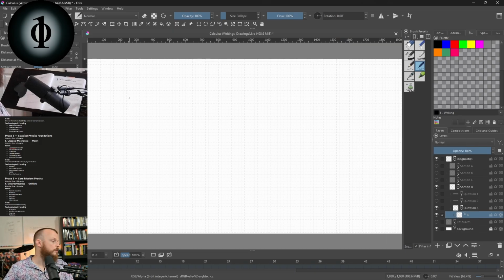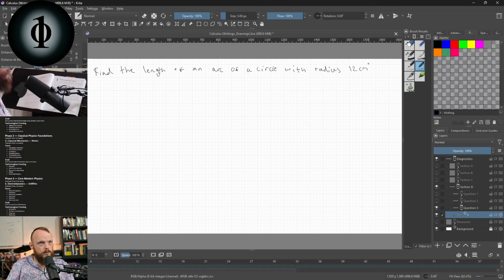There's only a single question. Find the length of an arc of a circle with radius 12 centimeters, if the arc subtends a central angle of 30 degrees.